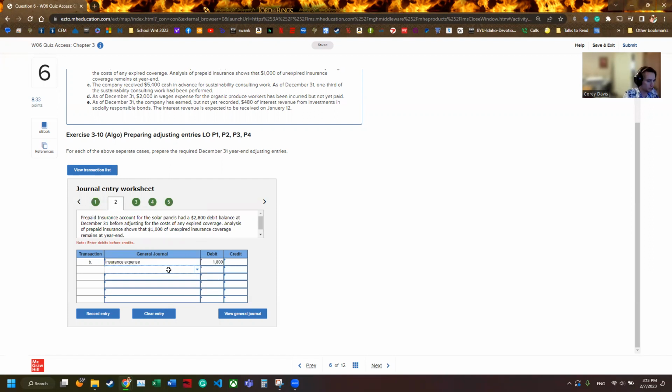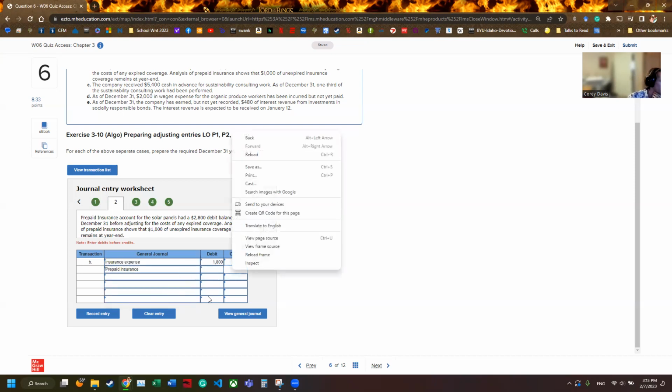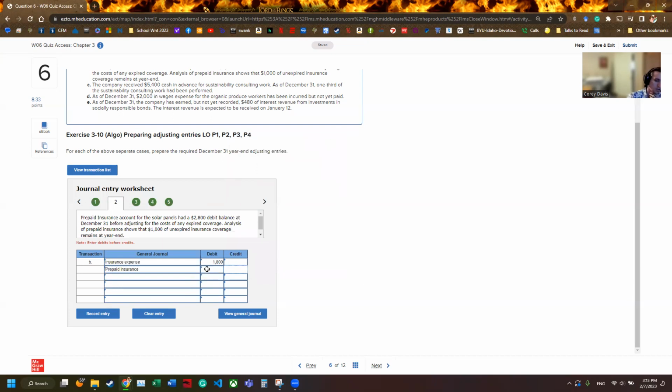And then we will credit prepaid insurance for that 1,800. Because if you have 1,000 left, then that means the amount that was expensed was 1,800. So we just minus the 1,000 from the 2,800 because that's what's remaining, and so it shows us our expense.